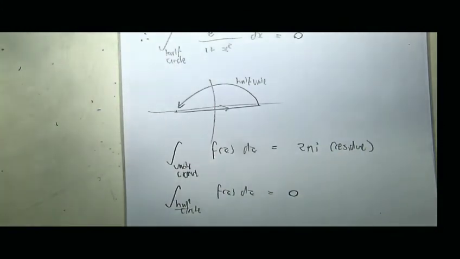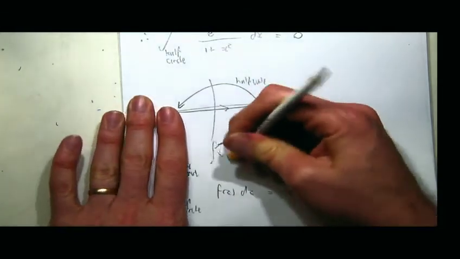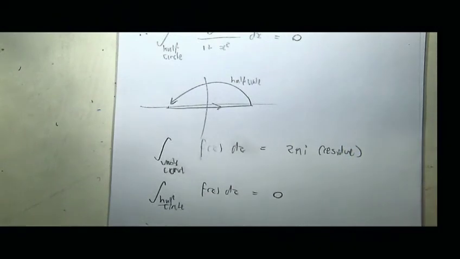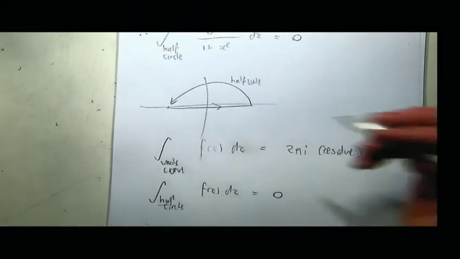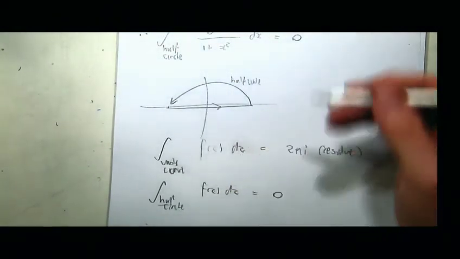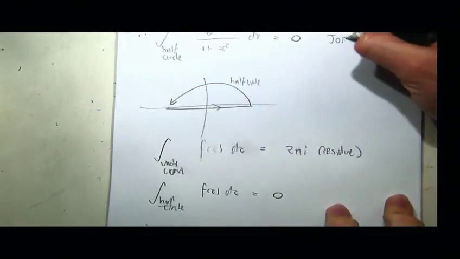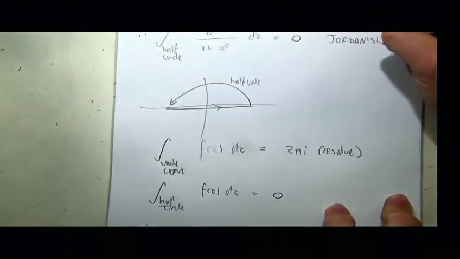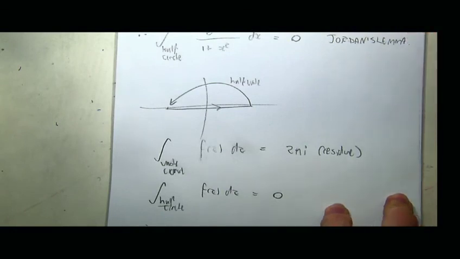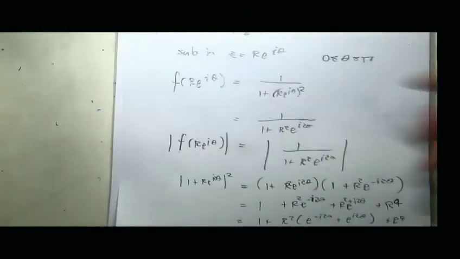Sorry? Can I say that the half circle integral is 0 without showing it? Yeah, that's because of Jordan's lemma, so we could just use that on the exam. What do we have to show? Well, no, all the other stuff that I did is irrelevant. You do have to show this bit.